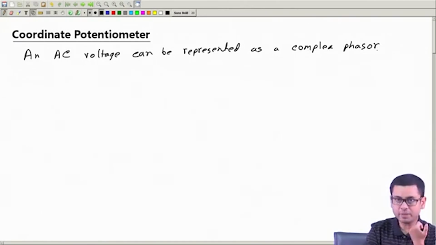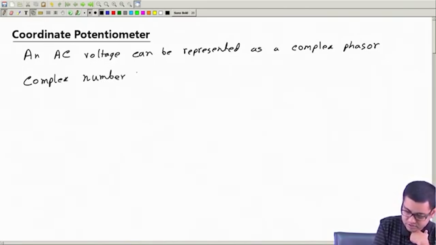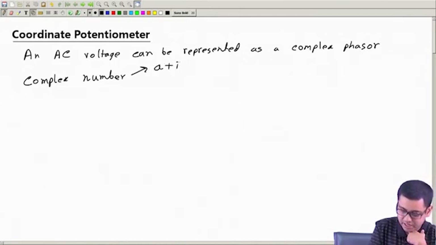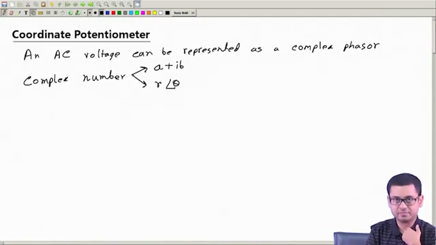Okay. Now, a complex number can be represented in two forms. One is A plus iB, another is R angle theta, or this is magnitude and the angle. Okay. So, we can represent a complex number in two forms.